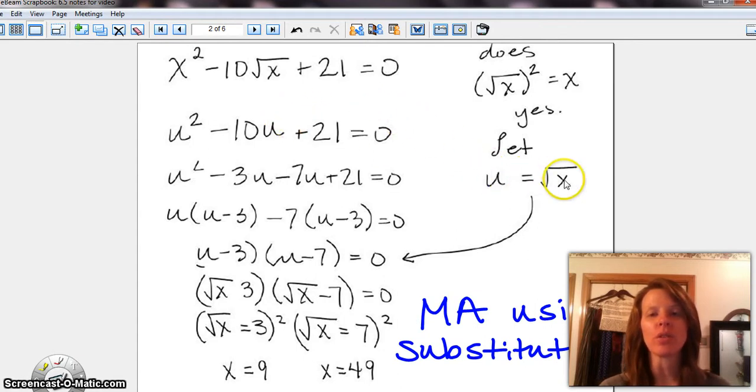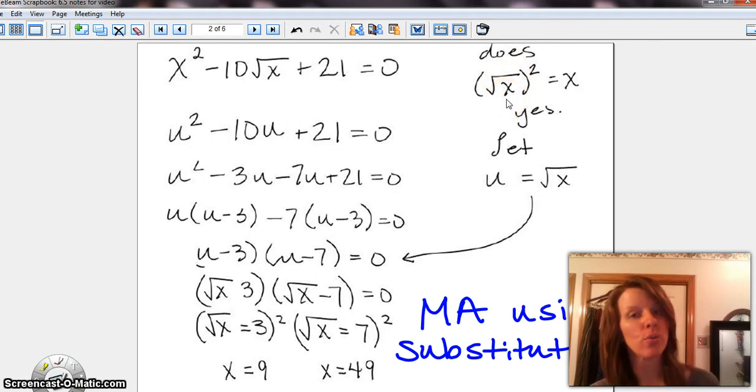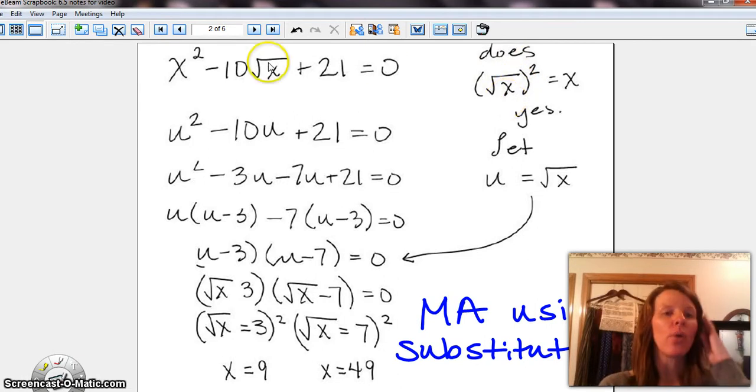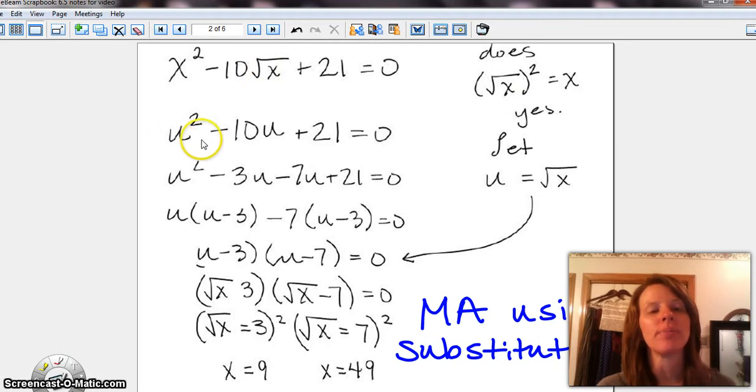If u equals the square root of x, that means where you see the square root of x, you see u. And if the square root of x is u, and we substitute that up here where we see the square root of x and then we square it, that means we have u squared. So up here in the front we have u squared minus 10u plus 21 equals 0.